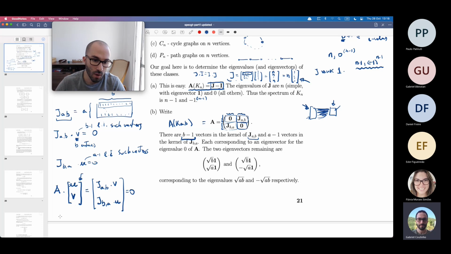So in total here, I have A minus 1 times B minus 1, which is AB minus A minus B plus 1 linearly independent vectors which belong to the eigenspace that is equal to 0.